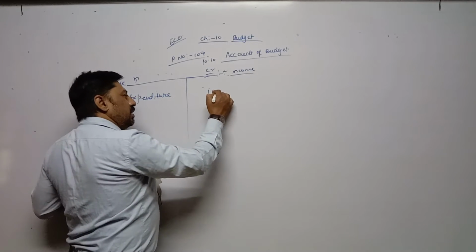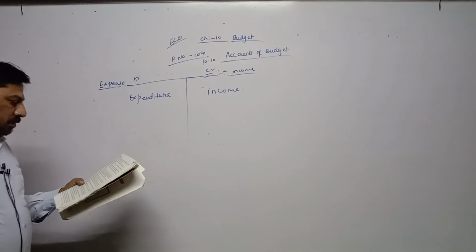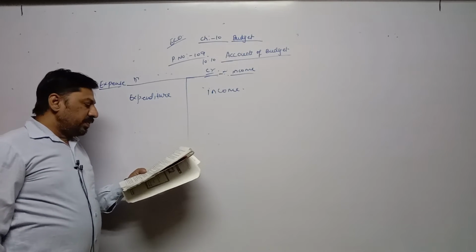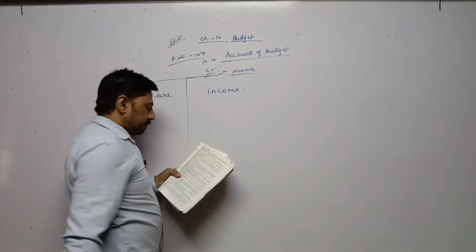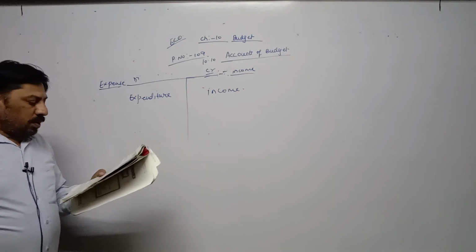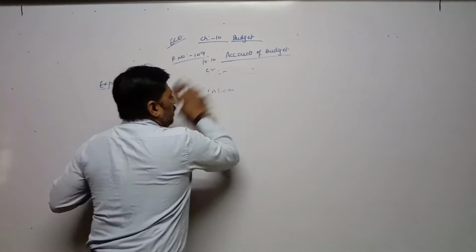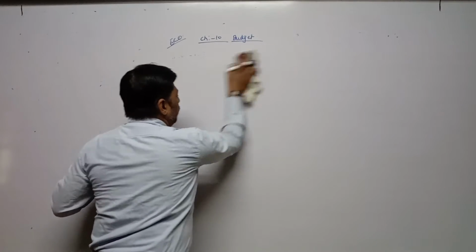And here income. Further classification on both sides is as under. First, on the credit side, the income side, two types of incomes are shown. Now I am trying to explain the different types of income.